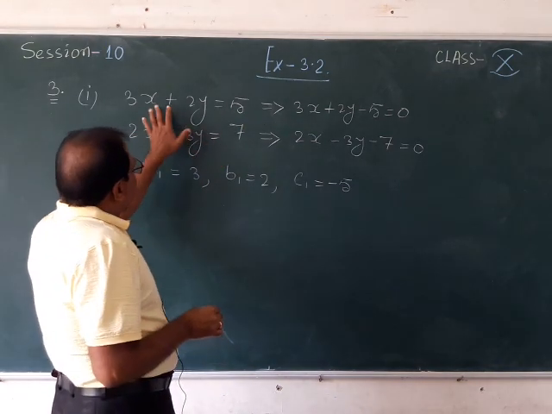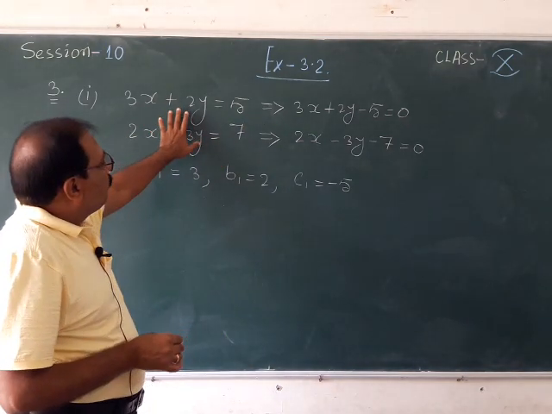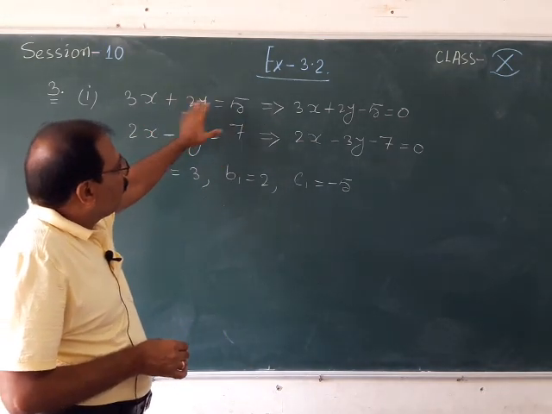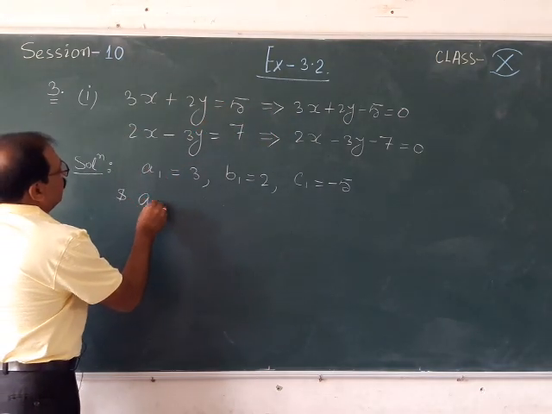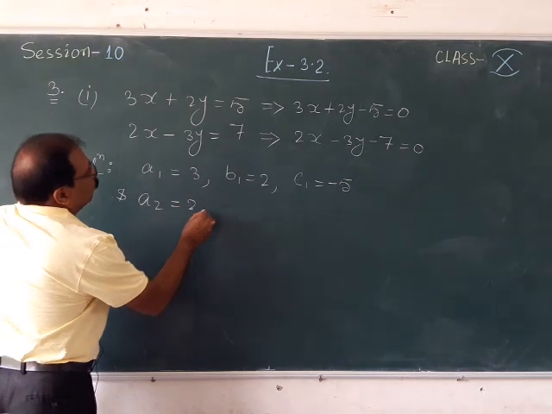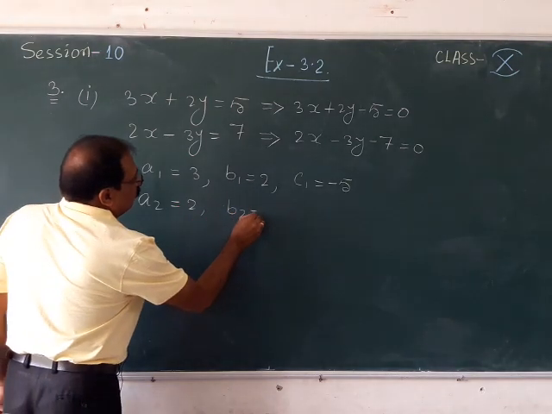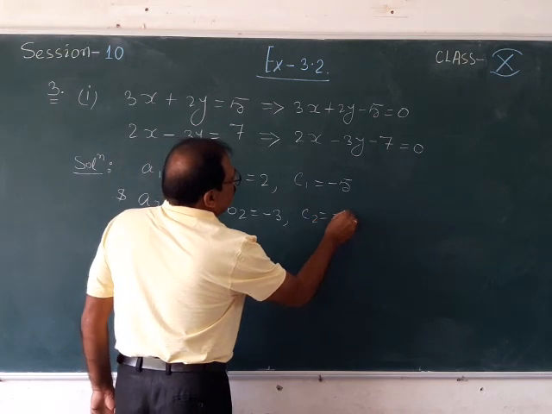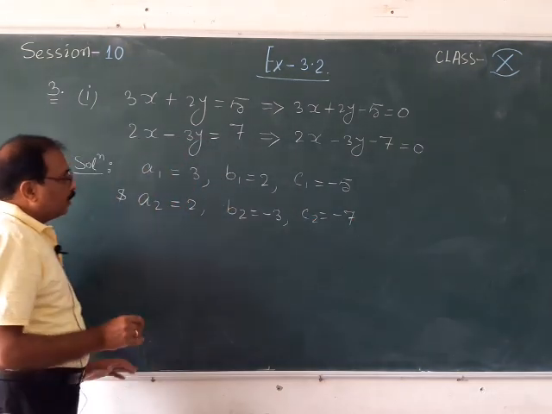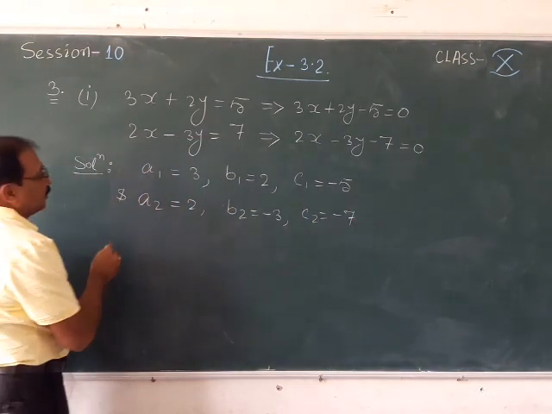So after arranging the given equations in standard form, the value of A2 is 2, the value of B2 is minus 3, and the value of C2 is minus 7.